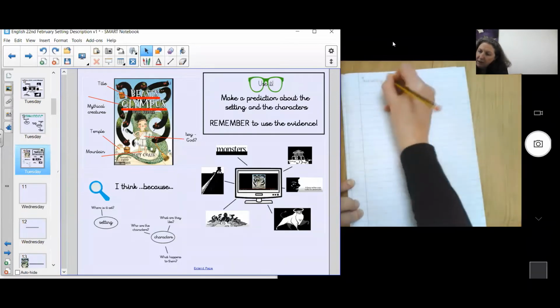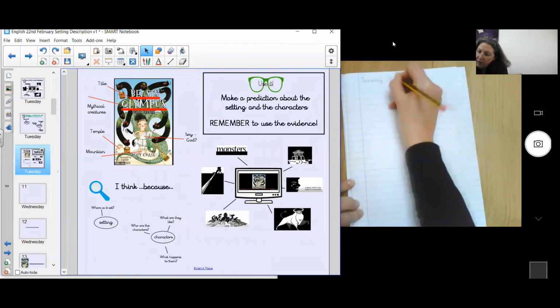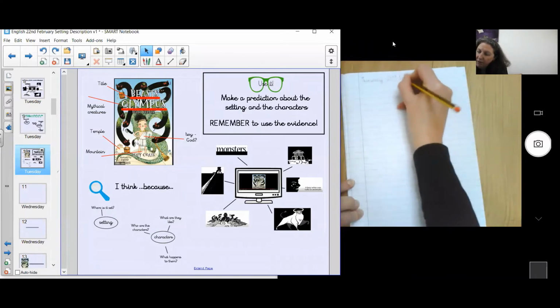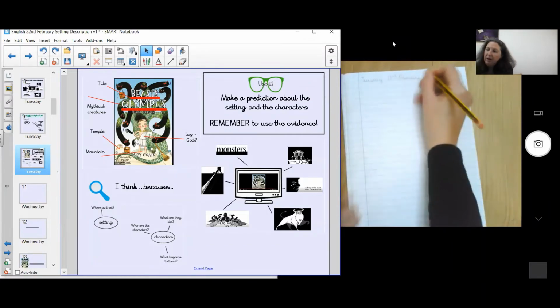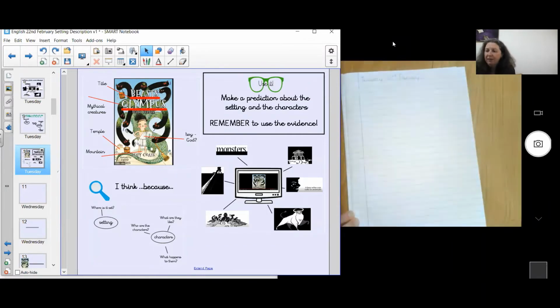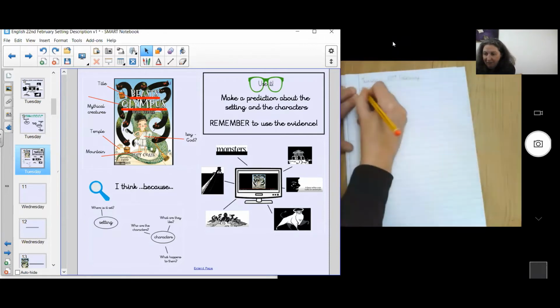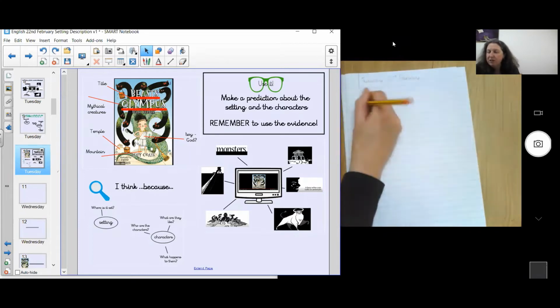So Tuesday, the 23rd of February. Okay, so I'm going to start by leaving a line. I'm going to write setting, and I'm going to leave a line again before I start my prediction.